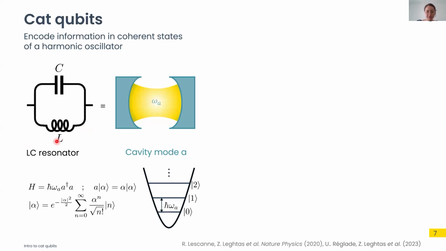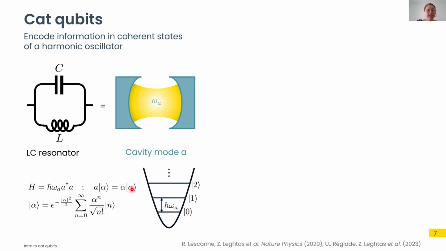So we have microwave photons now, but still electromagnetic waves, still photons going back and forth in this LC resonator. And then we can look at the energy of the photons inside this resonator that can be described by this Hamiltonian, where omega A is the resonant frequency of this resonator, and a dagger and a are the creation and annihilation operators. This is the basic quantization of a harmonic oscillator.